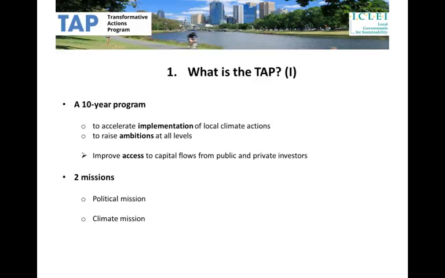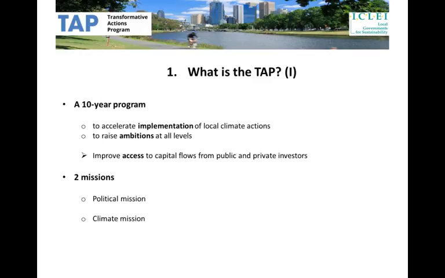Coming back to the TAP, it has two separate but closely interrelated missions. One is political, and one is the climate mission of the TAP. Regarding the political mission, it is really supported by ICLEI's key role as the focal point of the local government and municipal authorities constituency, or what you may know as LGMA, in the UNFCCC negotiations.